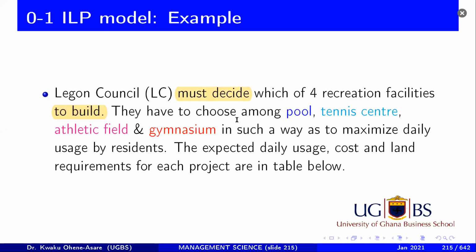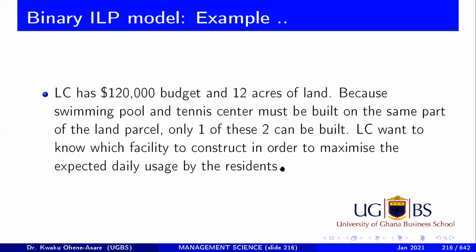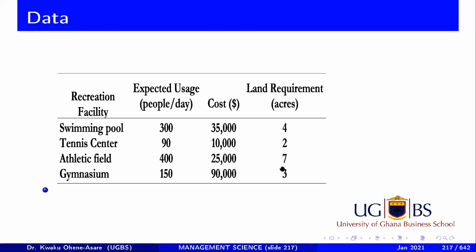Now they have to choose among pool, tennis center, athletic field, and gymnasium in such a way as to maximize the daily usage by residents. Now the expected daily usage, the costs, and the land requirement for each of the projects are below. And by the way, let's show that first.